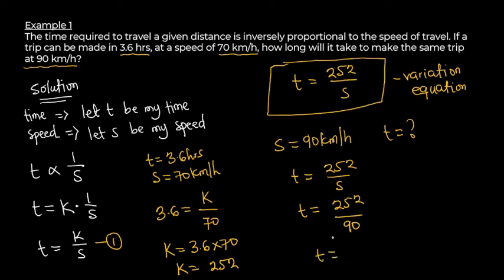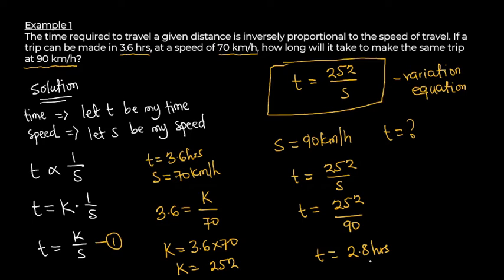If we compute this into our calculator, 252 on 90 will give us 2.8. Then we add hours to it. So it means for the same trip, if the speed of the vehicle is increased to 90 kilometers per hour, it will take a lesser time, which is 2.8 hours, for us to reach the same destination.